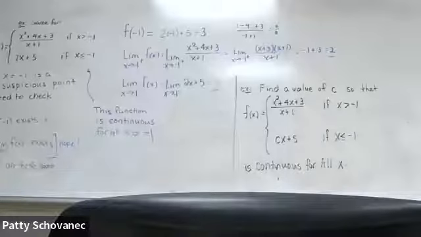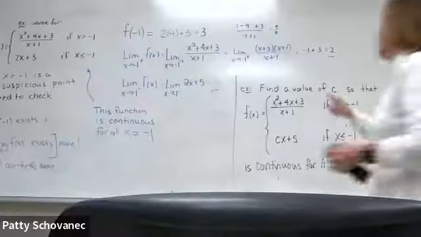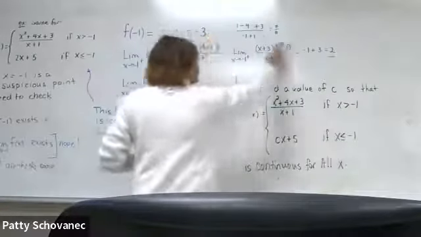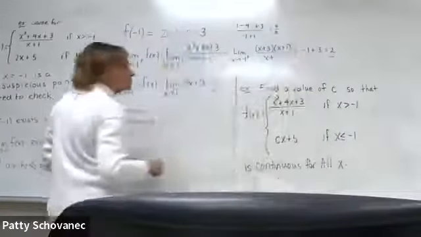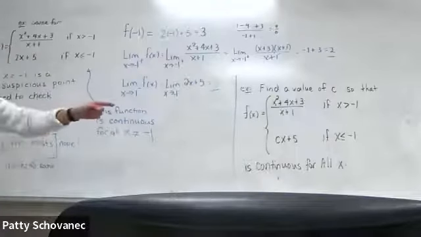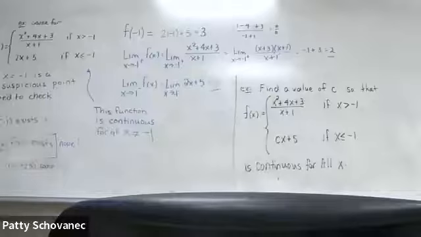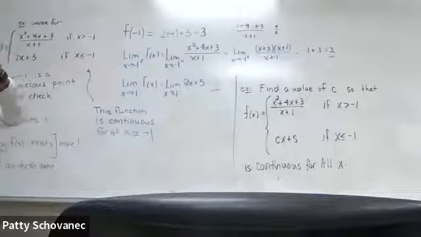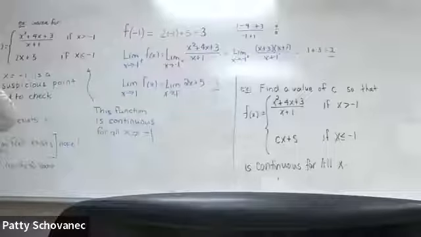My problem with the previous example was there was a jump in the graph. Is there a way I can doctor the number in front of the x so that my limit from the left is equal to the limit from the right is equal to the value of the function at x equal to -1?